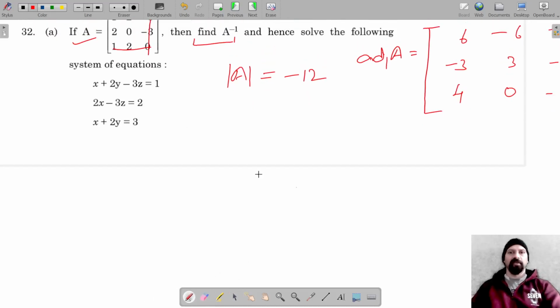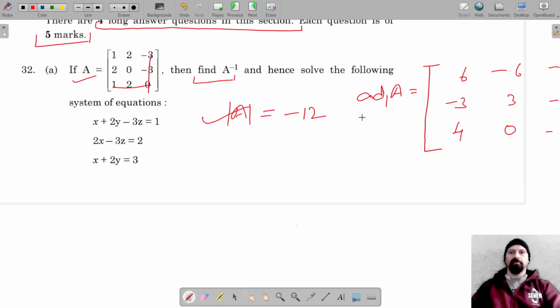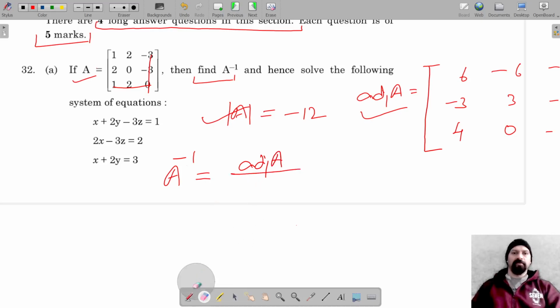Okay, now we have got the determinant of A, and we have got the adjoint of A, and we have to find A inverse, which is the adjoint of A matrix divided by the determinant, which is negative 12.